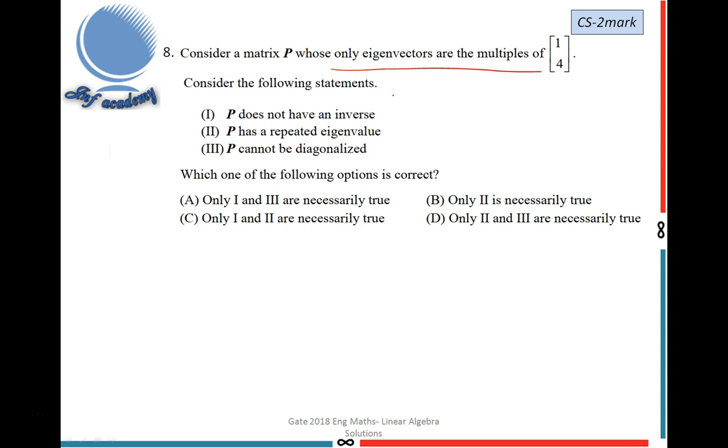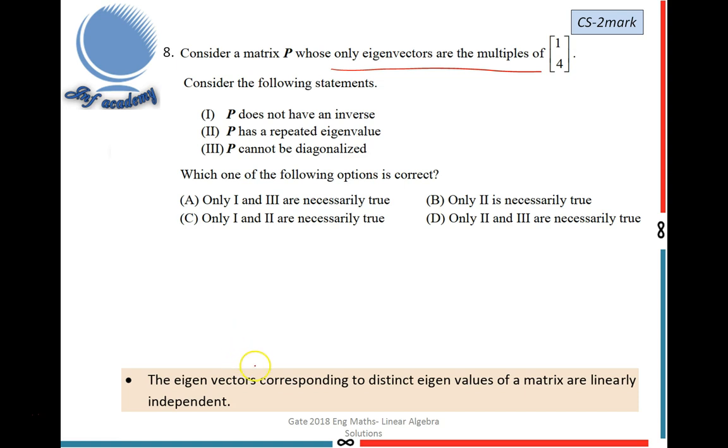Here I introduce one property of eigenvectors, that is, the eigenvectors corresponding to distinct eigenvalues of a matrix are linearly independent. But the given problem has linearly dependent eigenvectors. The property says the eigenvectors corresponding to distinct eigenvalues of a matrix are linearly independent. It doesn't mean that if 2 or more eigenvalues are equal, then the eigenvectors are linearly dependent.